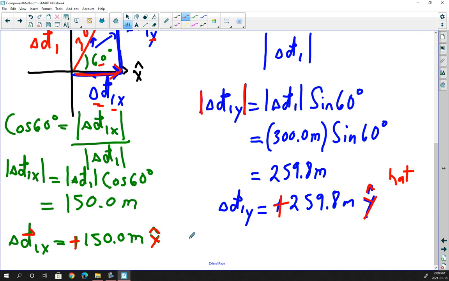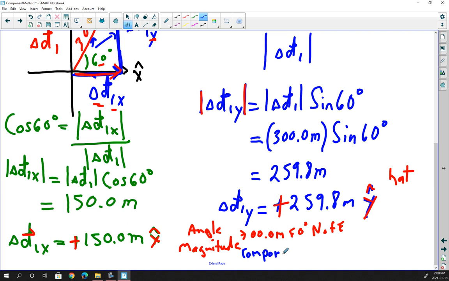So literally what I've done is I've translated angle magnitude form. The magnitude and angle for this vector was 300.0 meters, 60 degrees north of east. That was the original way of writing it. But now I'm going to write it as an ordered pair, as components, the component method.